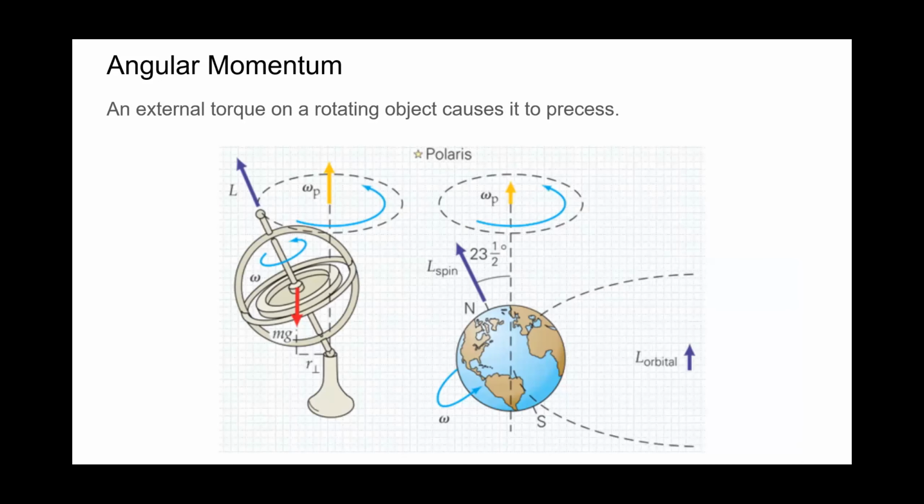An external torque on a rotating object causes it to precess, just like what's shown in this example.